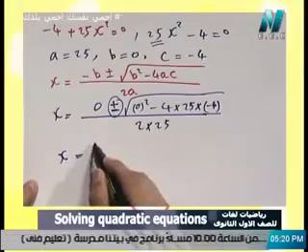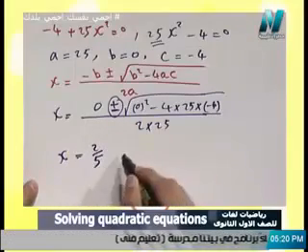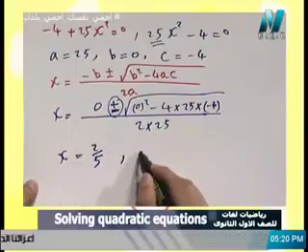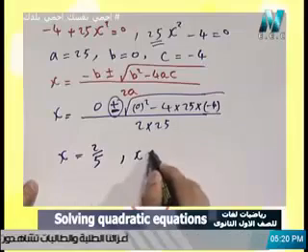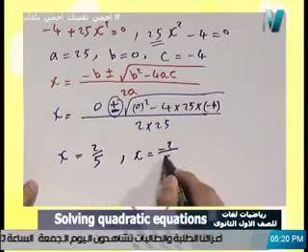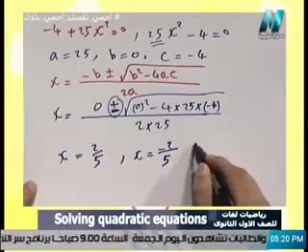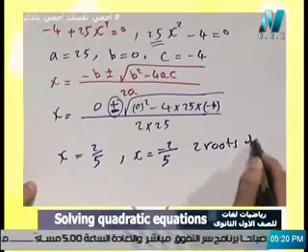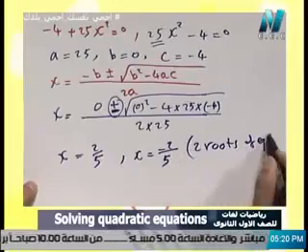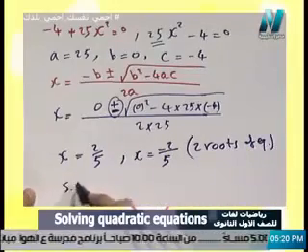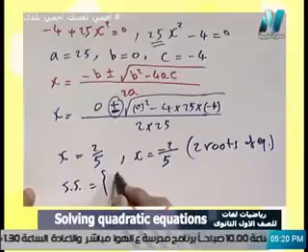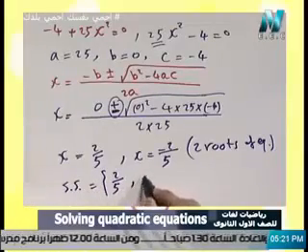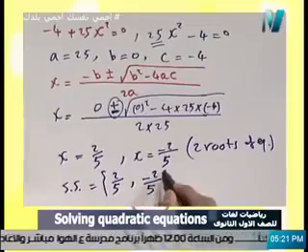The first solution will be 2 over 5, and the second one, when we put minus here, will be negative 2 over 5. And these are the two roots of the equation. And we can write the solution set equals 2 over 5 and negative 2 over 5.